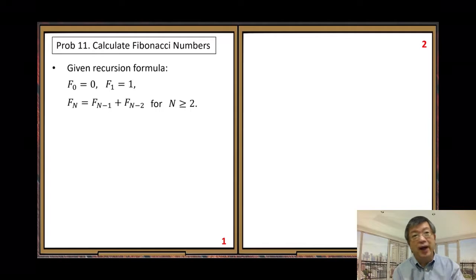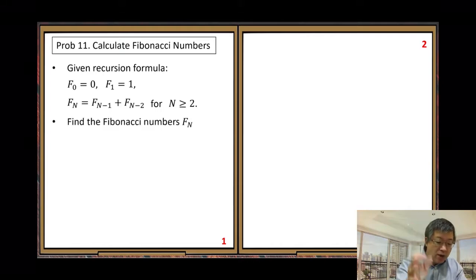So simple, right? But a lot of interesting properties are behind these numbers. All right, find the Fibonacci numbers F sub n.